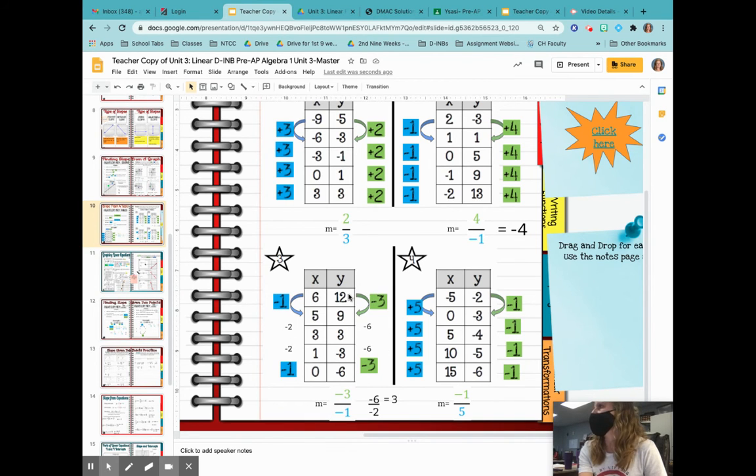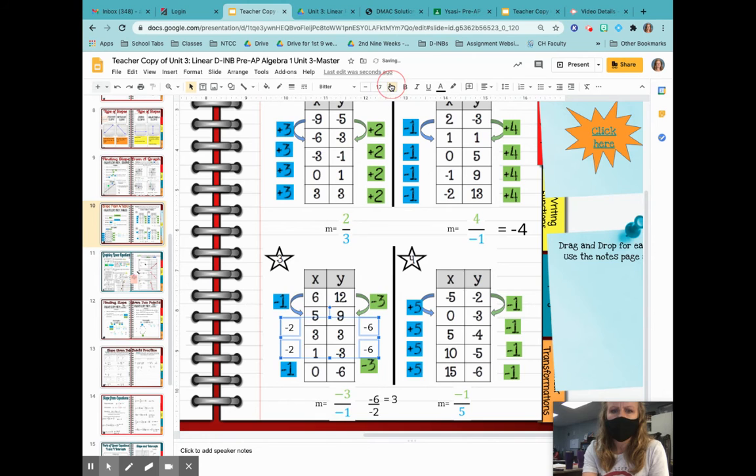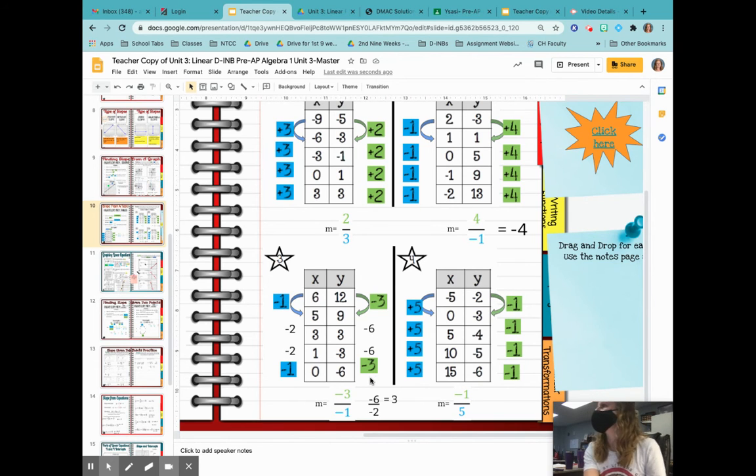Okay, and then number 3, there was a little bit of a mix-up right here, right? Because the y's start out going down by 3s, and then all of a sudden it goes down by 6. I'm going to make these a little bigger. So then it goes down by 6, and then down by 3 again.